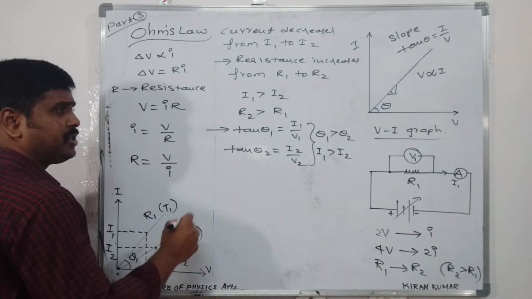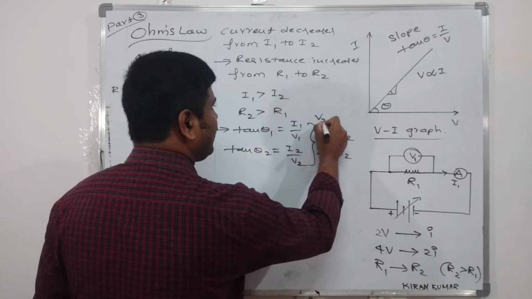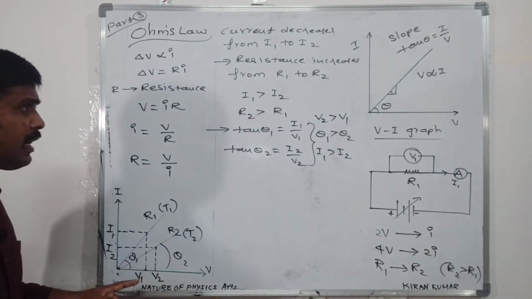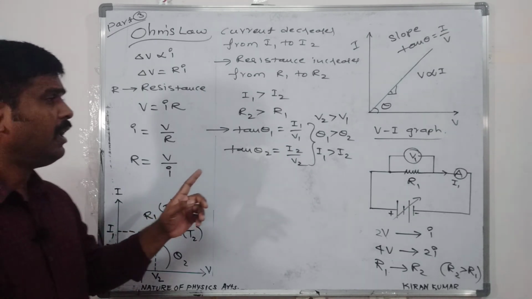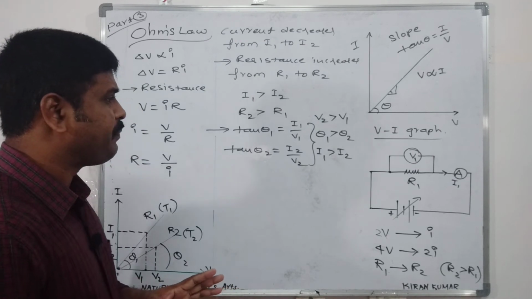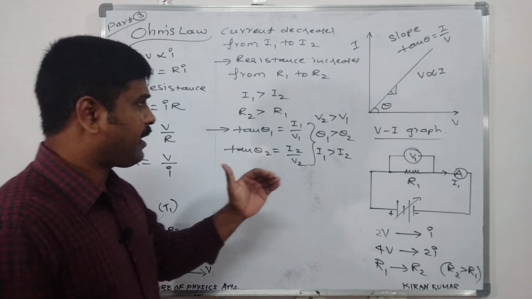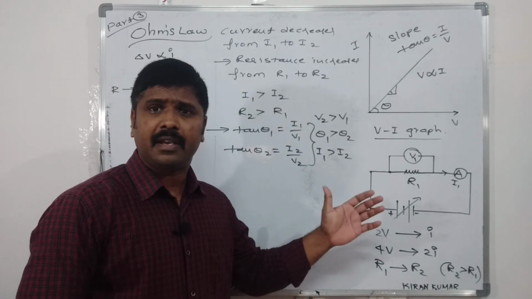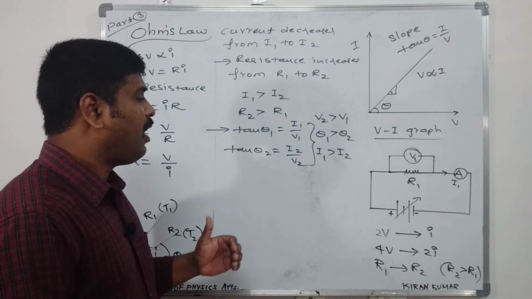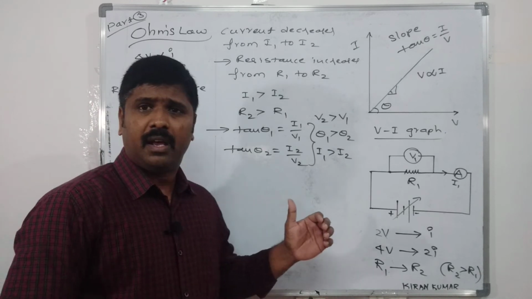And potential V2 is greater than V1. I gave that relation clearly in the graph and also the related derivation. So whenever resistance is increasing, the corresponding current decreases according to Ohm's law.